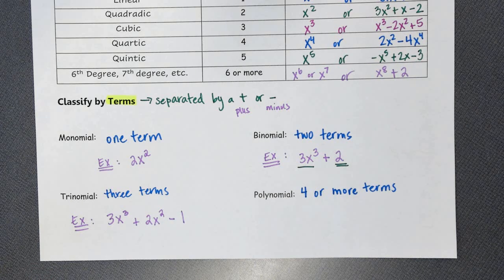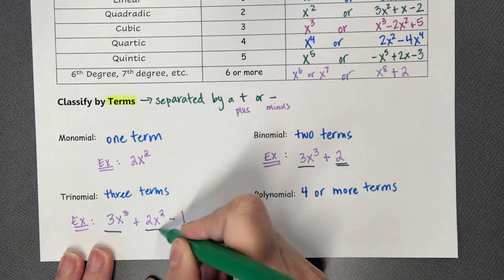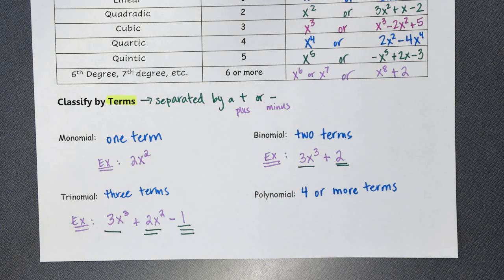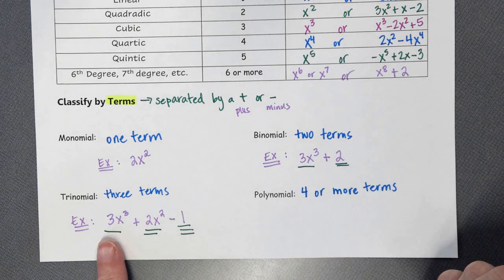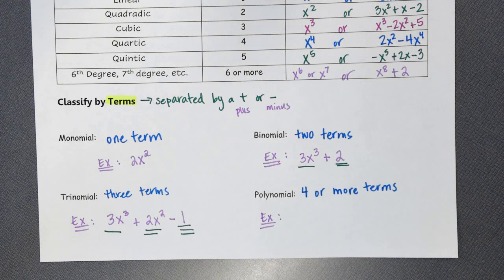Okay, could look like this. Okay, where this is your first term, this is your second term, this is your third term. So 1, 2, 3 terms, and then we're going to do one with 4.